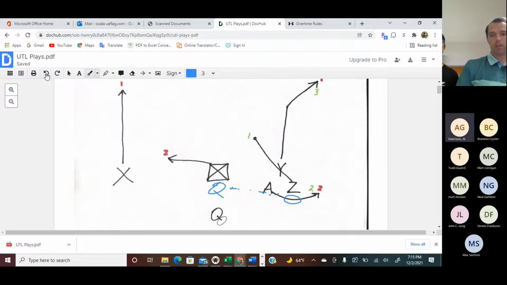If it's on the line of scrimmage or in front of it, for instance here with the center, right over the line of scrimmage, the quarterback throws it to him, and he catches it just on or just over the line of scrimmage, that's considered a pass, and that's legal.